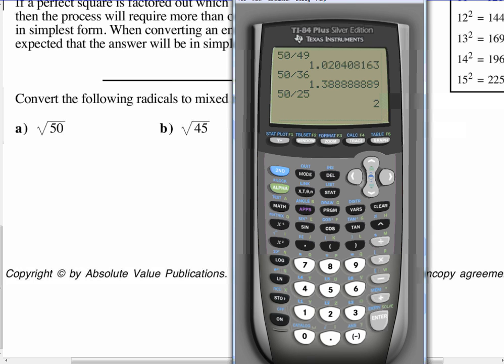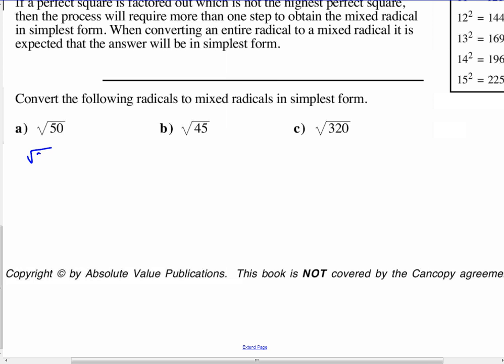So I'm going to just write this as root 25 times root 2. Same thing as writing it underneath one radical, right? It's equivalent. And what is the square root of 25? 5.